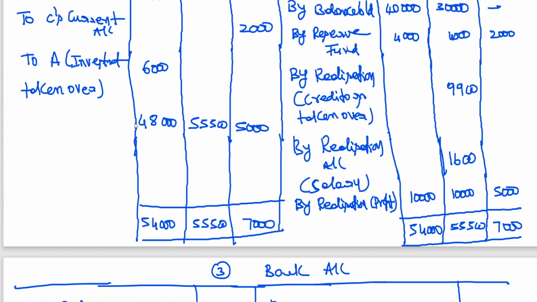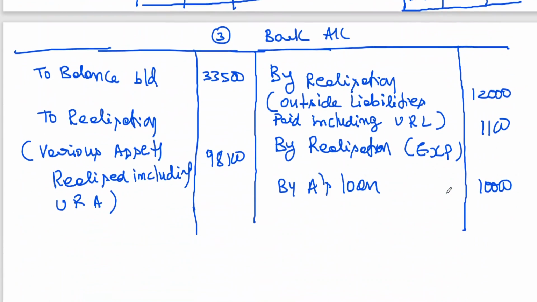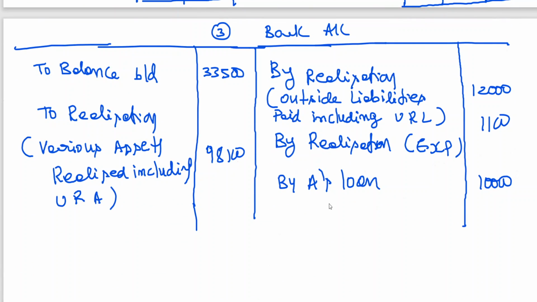This is nothing but final settlement. To bank account, final settlement. This is final settlement. Okay. Now we can cross check whether our posting is right or wrong.